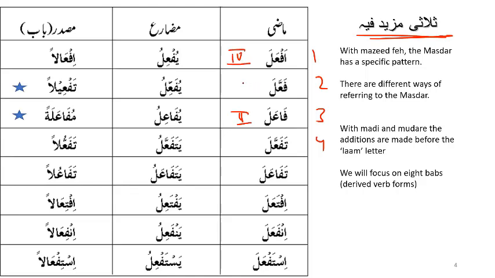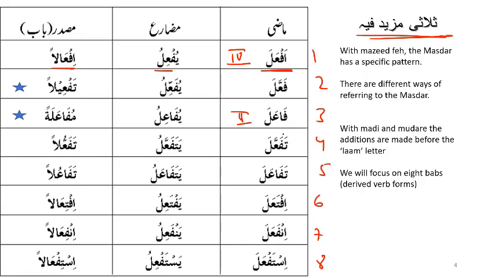But I'm not going to go into form 4, form 2, etc. I'm just going to have you learn the names of these masdars, and for every masdar, you need to know what the basic past tense, fail madi, looks like, and what the basic fail mudare looks like. We are only going to focus on these 8 abwab.